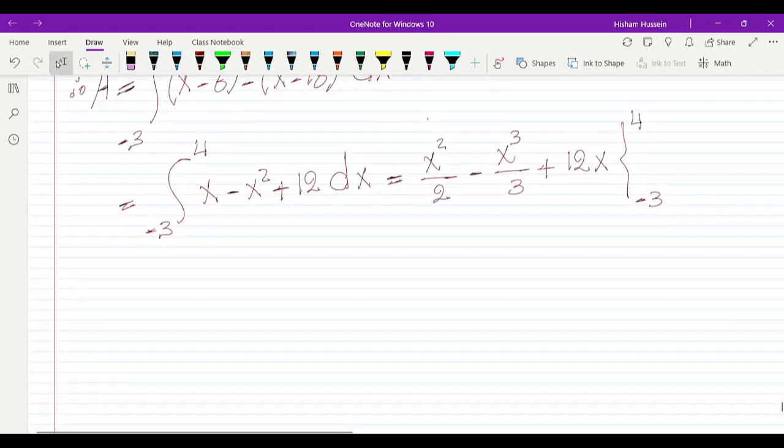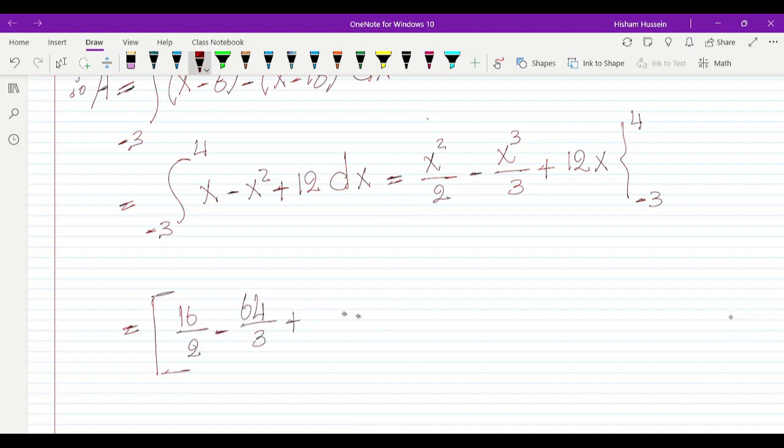Substitute with the upper minus substitute with the lower. Substituting the upper: 16 divided by 2 minus 64 divided by 3 plus 12 times 4 is 48, minus substituting the lower, which is negative 3: 9 divided by 2 plus 27 divided by 3 minus 36.